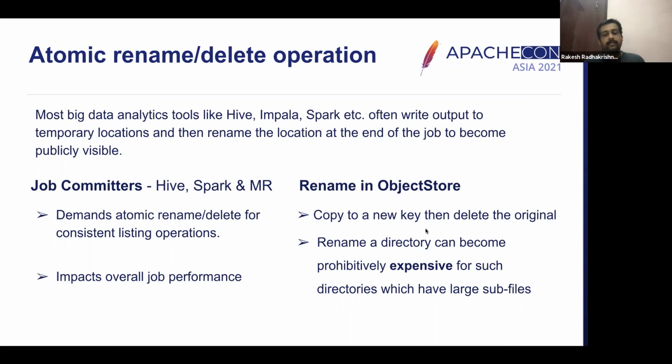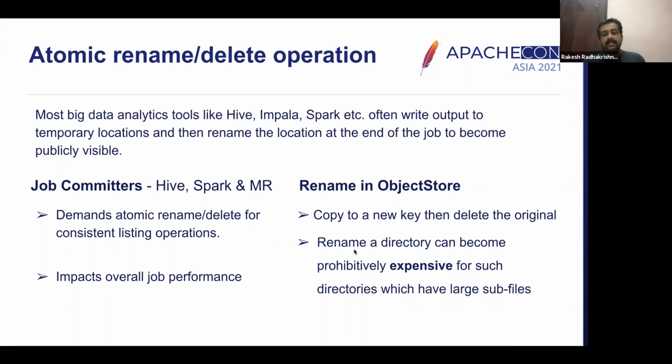Now comes the object store. How is rename handled in the object store? It is a pretty simple way. They write a new key in the system and delete the original key. Let's imagine there are millions of subfiles or temporary locations generated during the task execution.